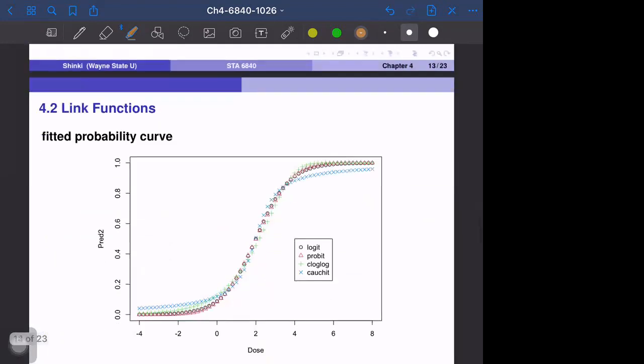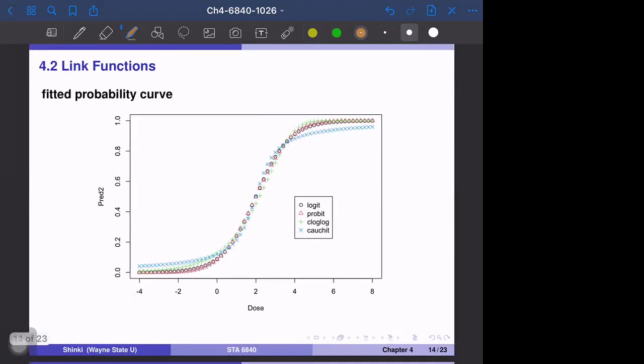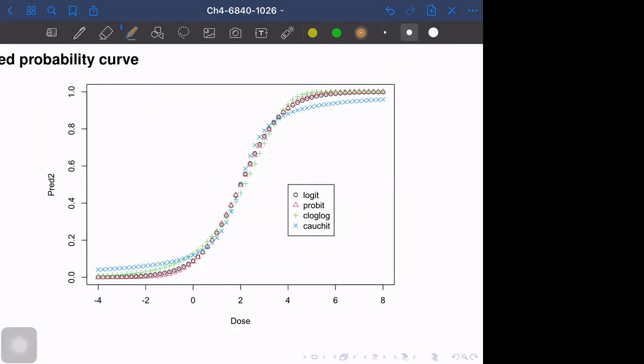And to see the difference in a figure, we generate these 4 curves. So this is the fitted line by 4 different models. Anyway, we fit the same data, so it's mostly the same curve, but the most distinctive difference is here. So the tail part is different. The Cauchy is pretty different from the others, and this is because of the heavy tail. It doesn't approach 0 fast, so it's pretty slow.